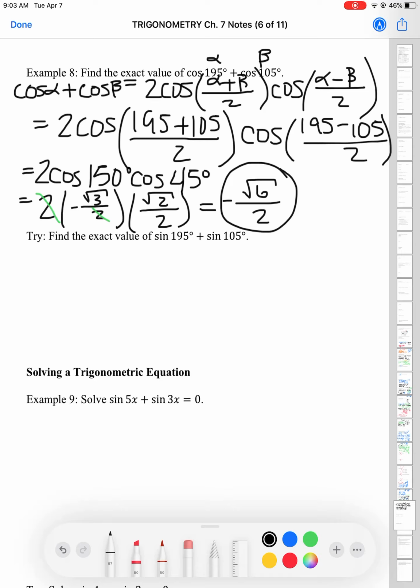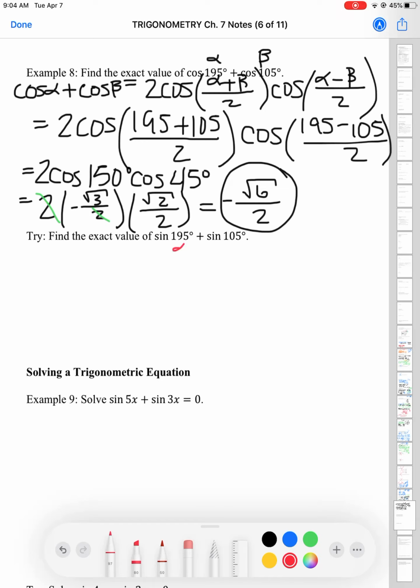We cannot say root 3 over 2 because we can't mix inside and outside. If one term is inside and one term is outside, we can't just play with them both. Okay? So that is the exact value using a sum to product formula. So go ahead and pause me and try this one before I move on.